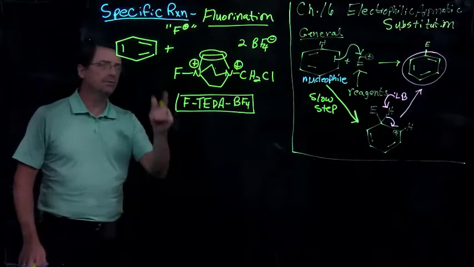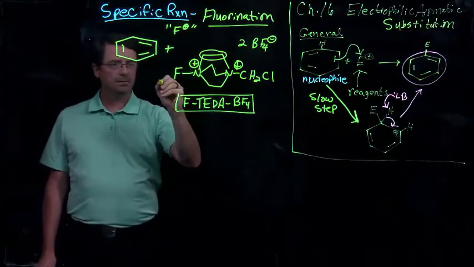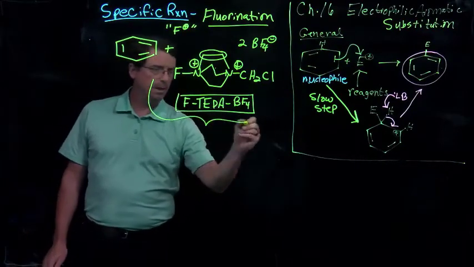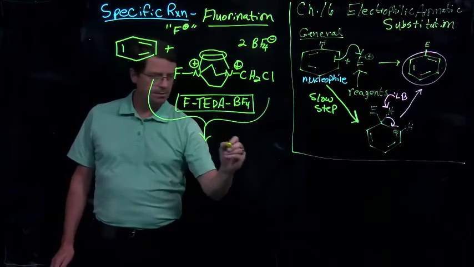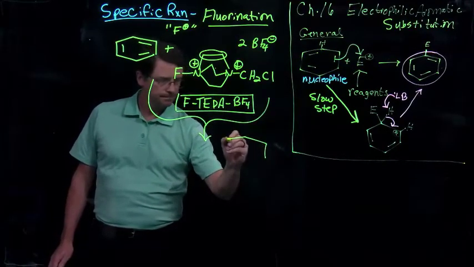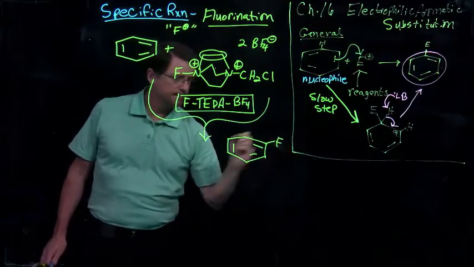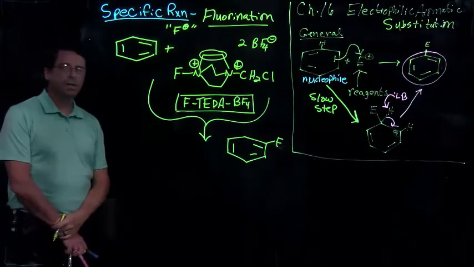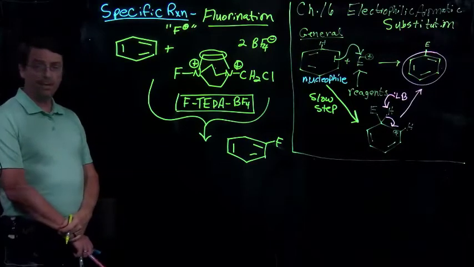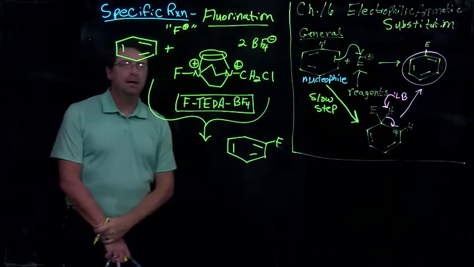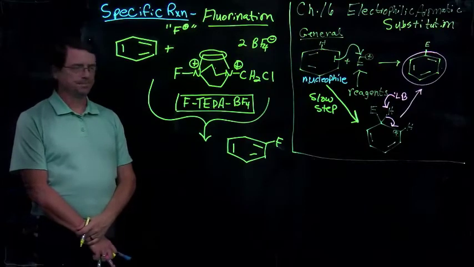All right, so this reagent now, all of this combined, will produce fluorinated benzene or fluorobenzene. Now, how does this occur?